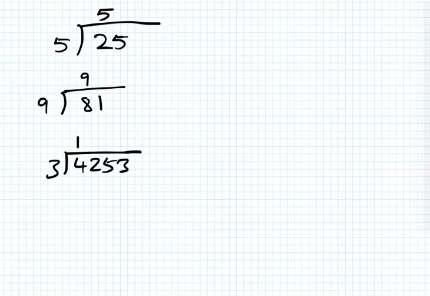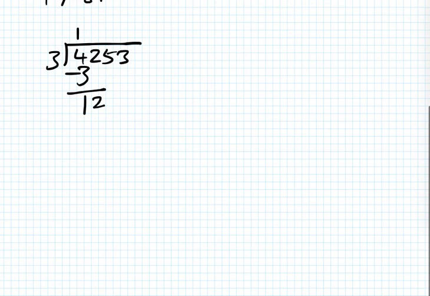So 1 times 3 is 3, and you write the answer underneath. At this point you have to subtract: 4 minus 3 is 1. Now because 1 is smaller than 3, we've got to drop down the next number, so we put 2 down next to the 1, and that makes 12.